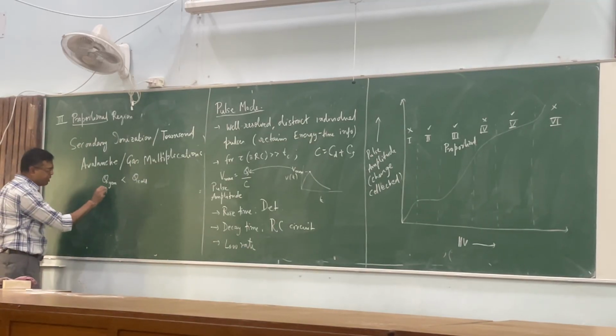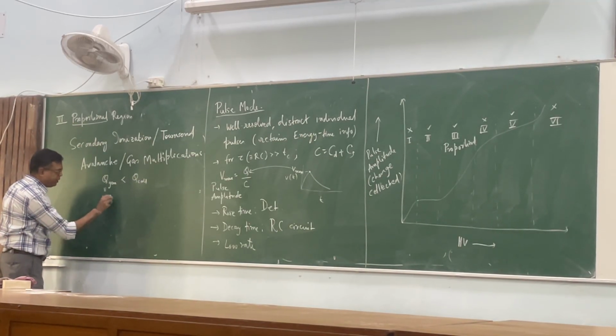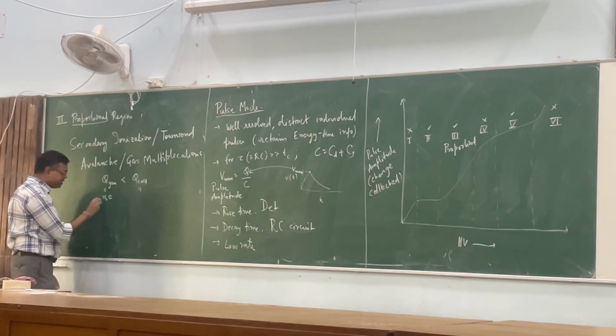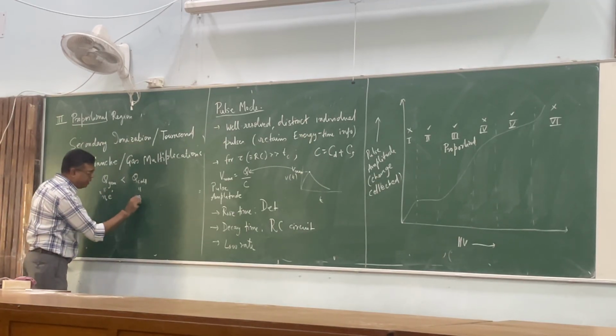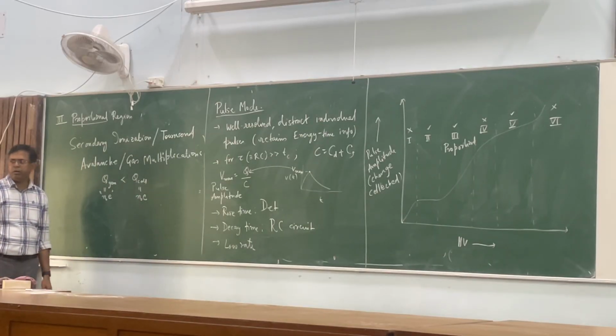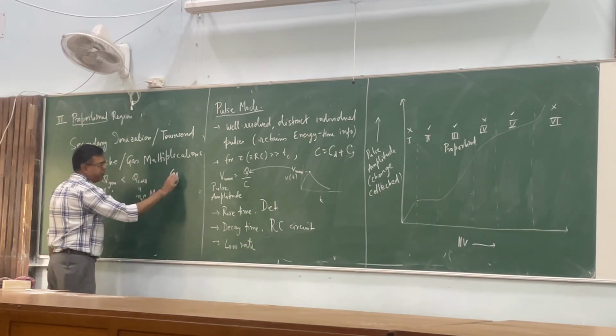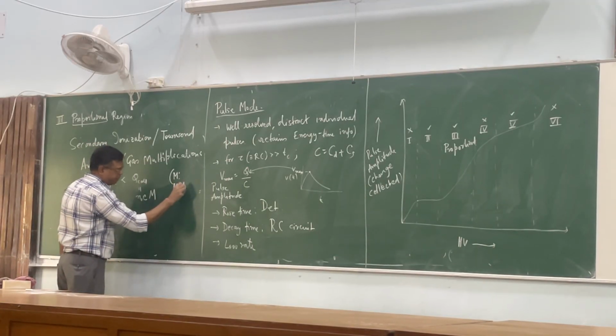The generated charge, remember, was N0 times e. So somehow the collected charge, since you have collected everything, should be N0 e, but with a factor M, which we call the multiplication factor.